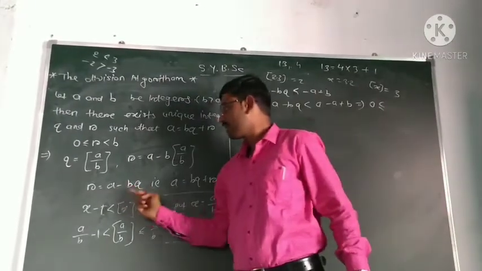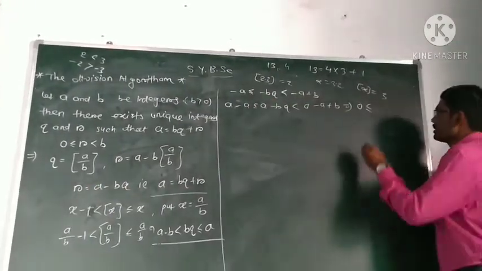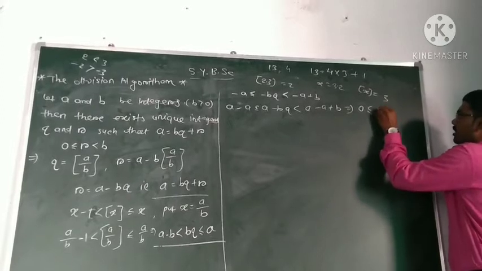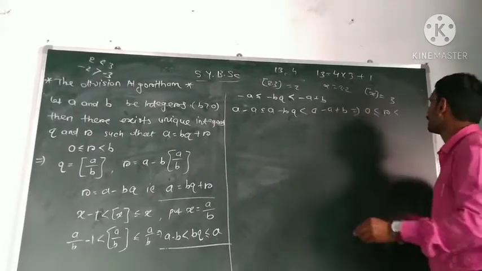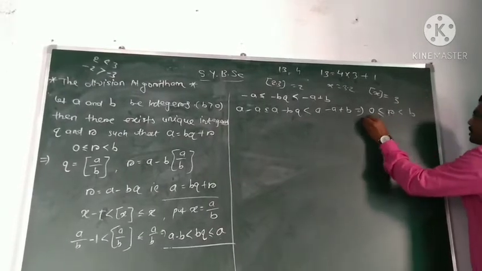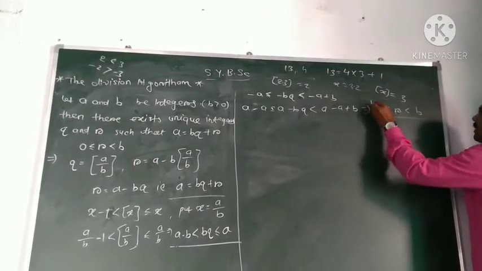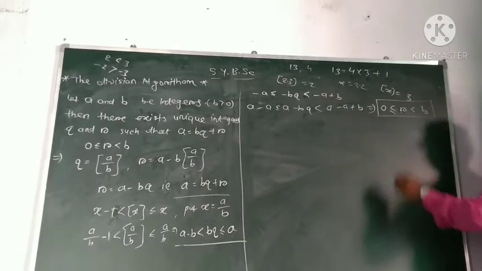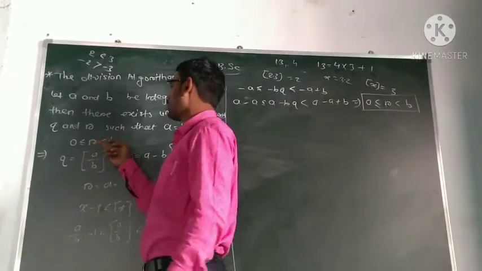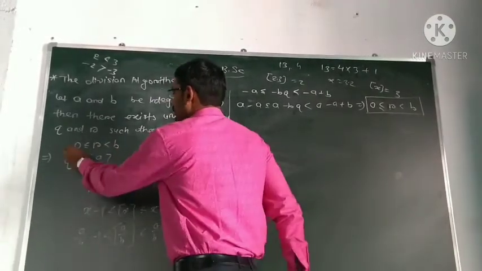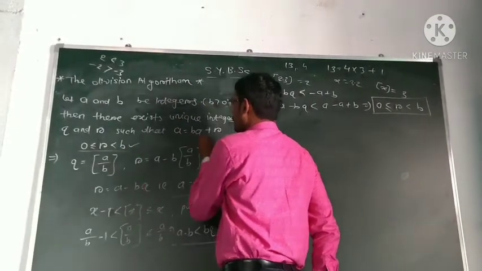What is a minus bq? It is r. So a minus bq is r, which is less than 0 plus b, so plus b. So this remainder is always greater than or equal to 0 and always less than b. So 0 is less than or equal to r, less than b. So we have proved two things, this and this.